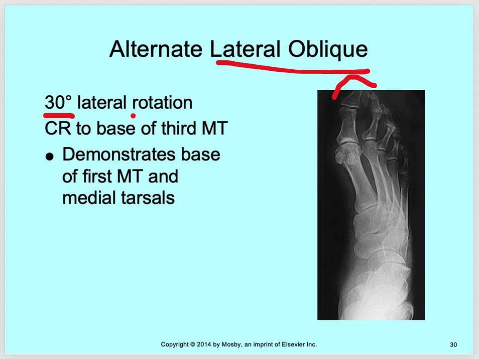CR is still at the base of the third MT joint and demonstrates the base of the first MT and medial tarsals. So the base of the first MT and then your medial tarsals right here. Your medial cuneiform, your navicular, those are better visualized in that alternate lateral oblique.